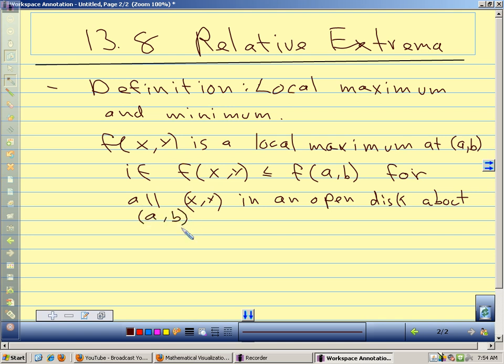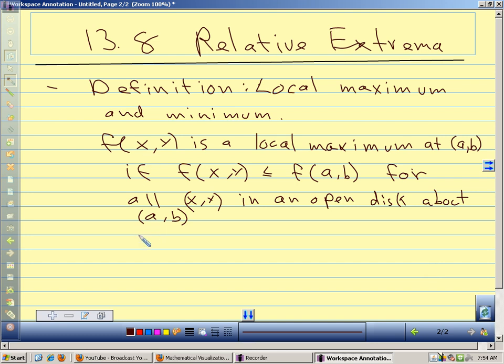So it's just like you would think of it. It just means that our function is bigger than all the values around it. And we say some open disk because we're just talking about the local behavior. We're not talking about an absolute maximum here. We're saying in this region, this is the maximum of the function.